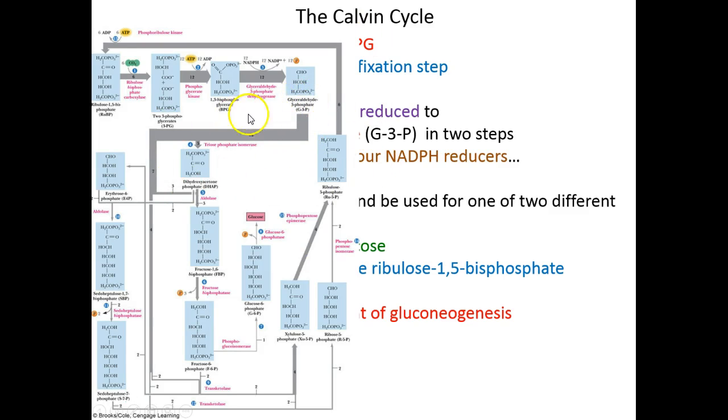GAP comes together with an isomerized version of GAP that we refer to as DHAP. One GAP molecule and one DHAP molecule are condensed together by an enzyme aldolase to create fructose 1,6-bisphosphate, which is then dephosphorylated to create fructose 6-phosphate, isomerized to glucose 6-phosphate, and then that last phosphate is removed to make glucose.